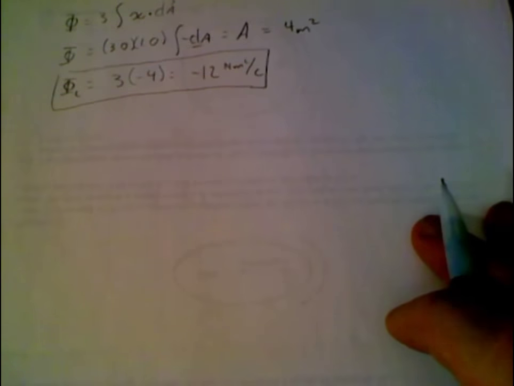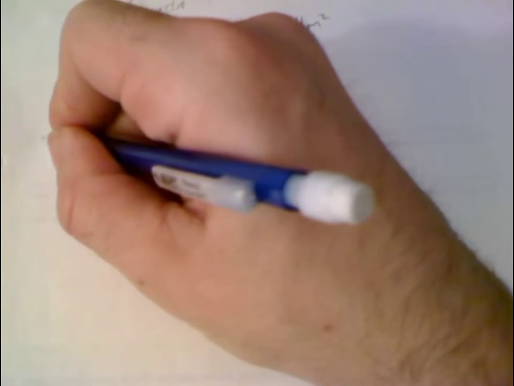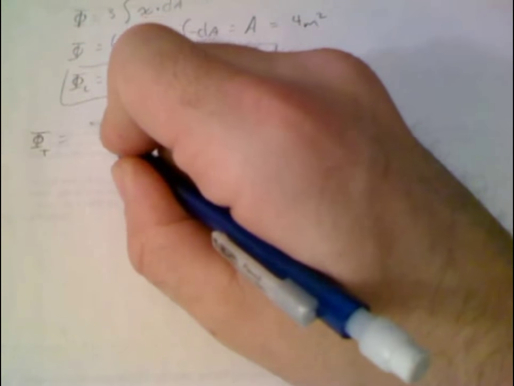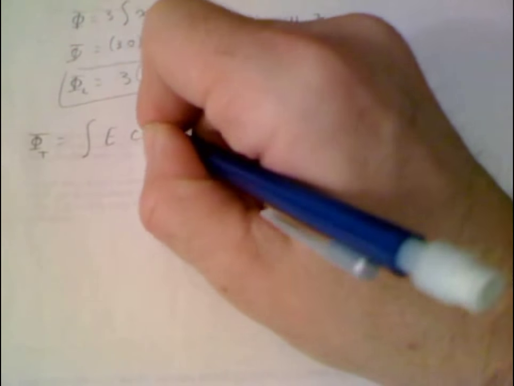Now I'm going to do the top face. And the top face is going to be a little bit different because now I'm in the j-hat direction. So I know my flux about the top, I'll write a little bit bigger, is equal to, again, the integral of E dot dA.